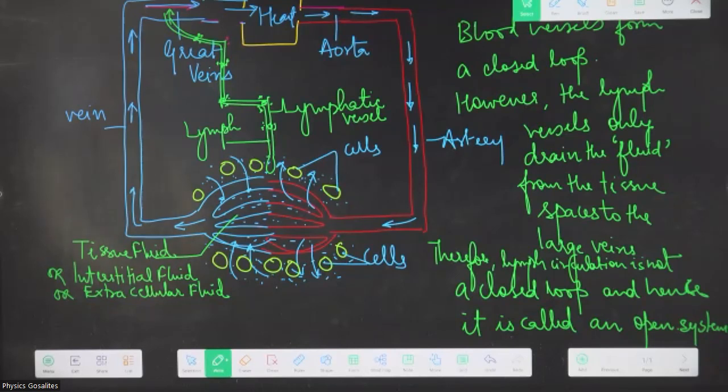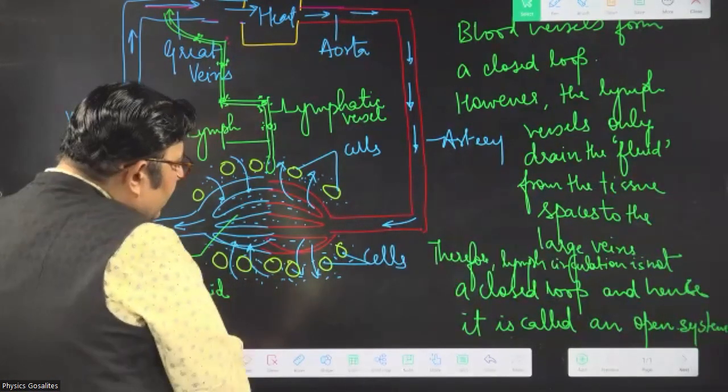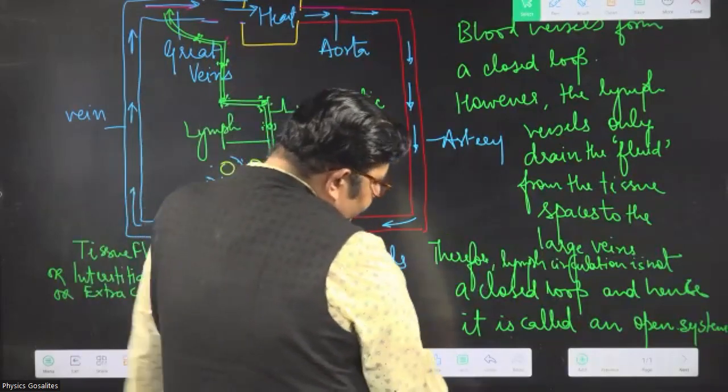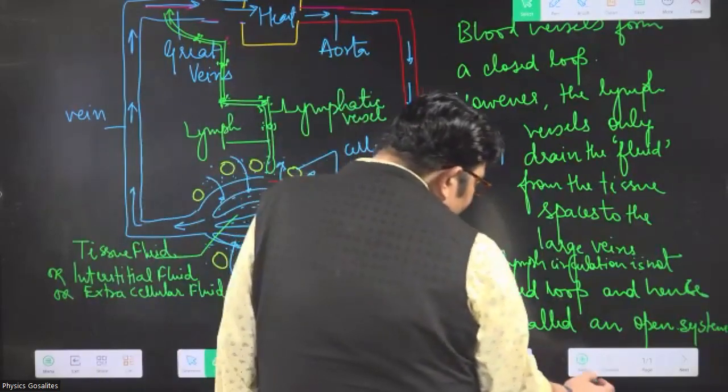So guys, if I ask you, you have options of vessels: for example, artery, vein, capillaries, and lymphatics.